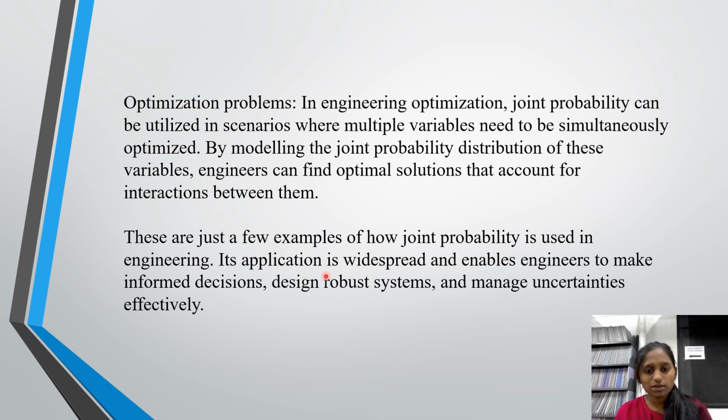These are a few examples of how joint probability is used in engineering. Its applications are widespread and enable engineers to make informed decisions, design robust systems, and manage uncertainties effectively. In this way, the joint probability distribution will help engineers.